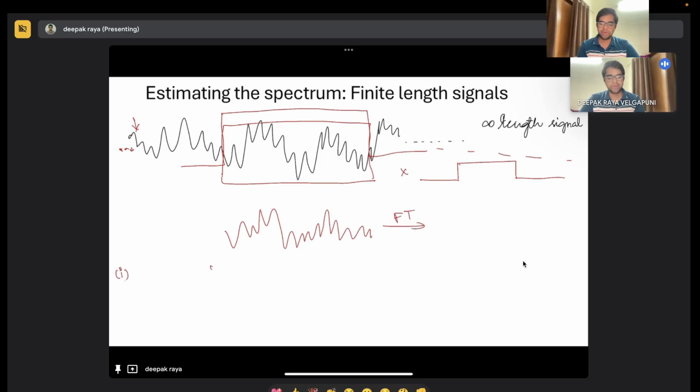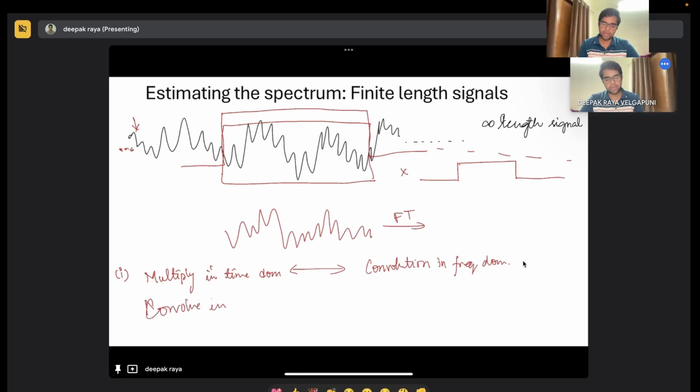What is the convolution theorem? If you multiply in the time domain, in the frequency domain it's a convolution. The other way also goes around: a convolution in the frequency domain. Similarly, if you convolve in the time domain, you get a multiplication in the frequency domain.